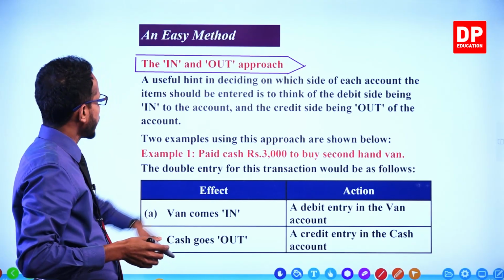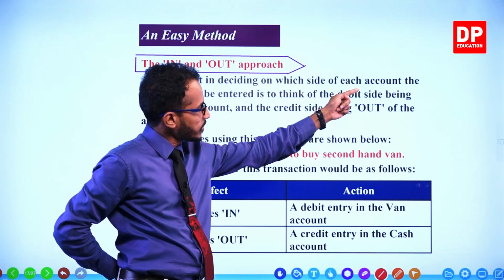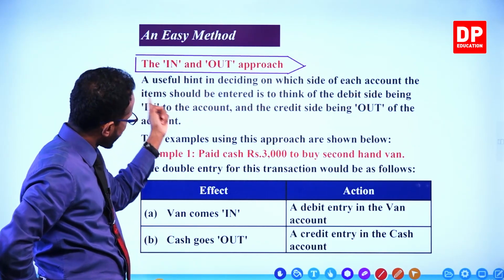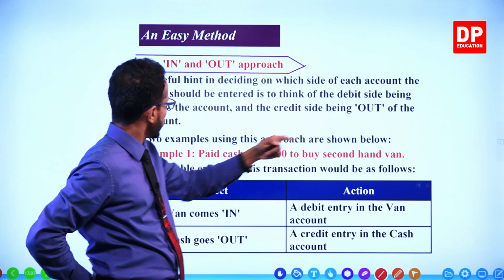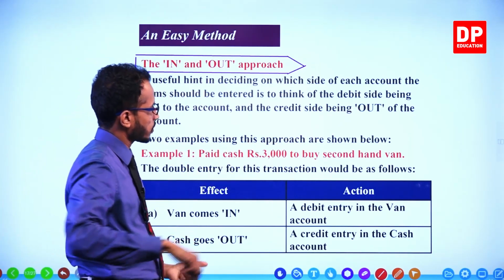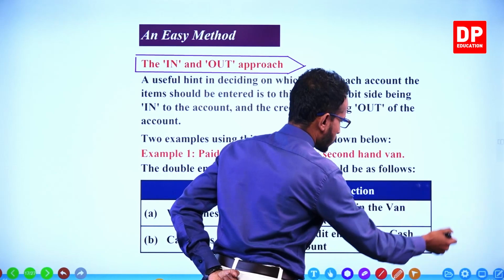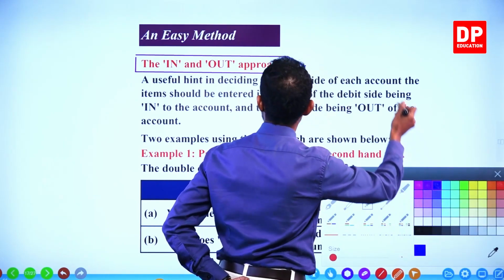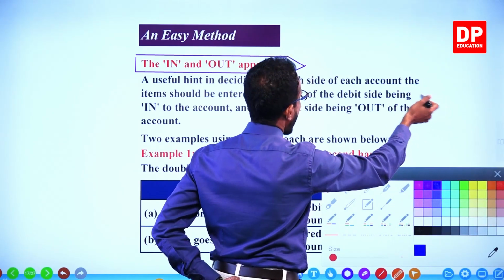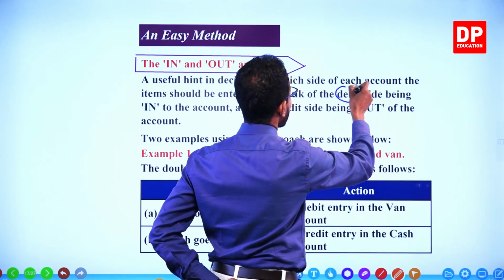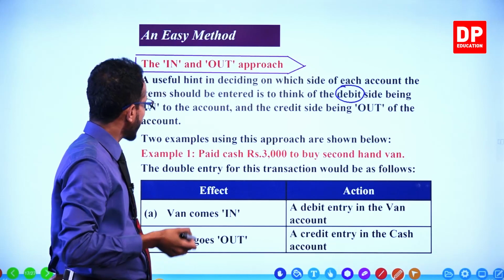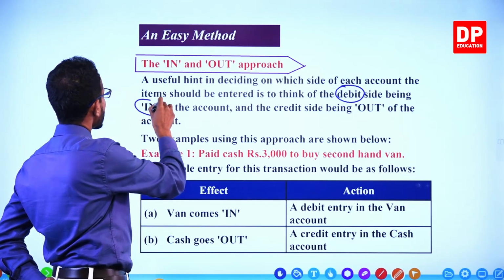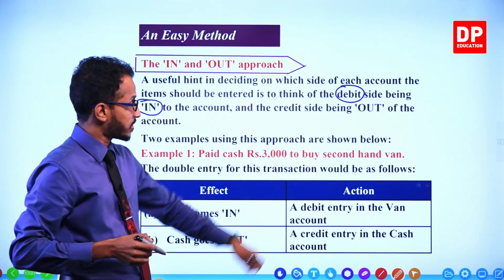A useful hint in deciding on which side of each account the item or the amount should be entered is to think of the debit side being in. That's interesting, huh? Debit side, you think of it as in. All the ins go to the debit.